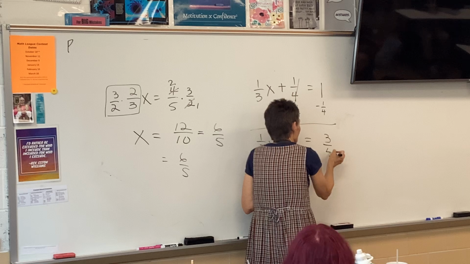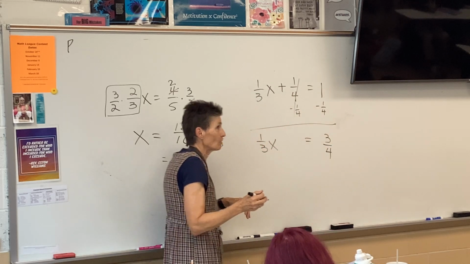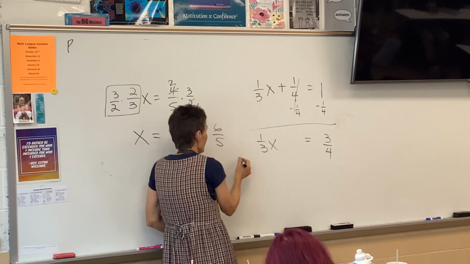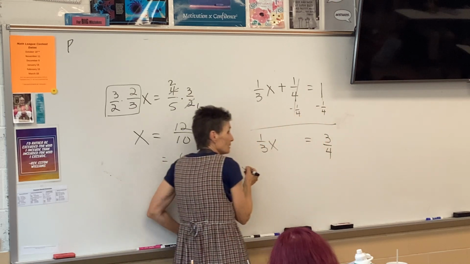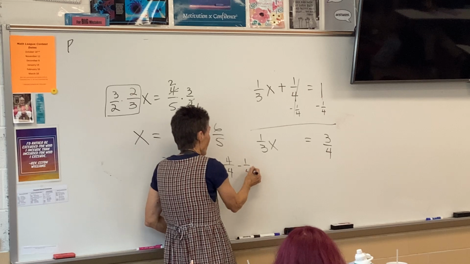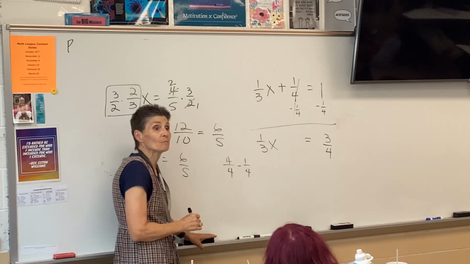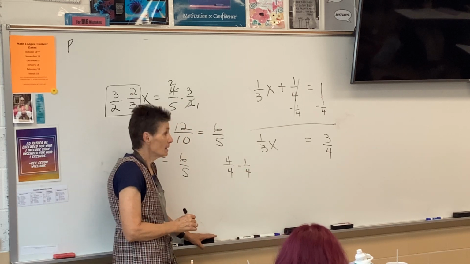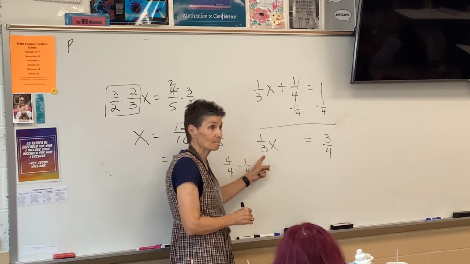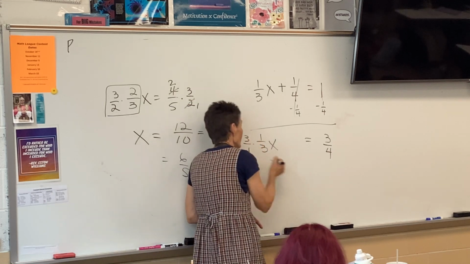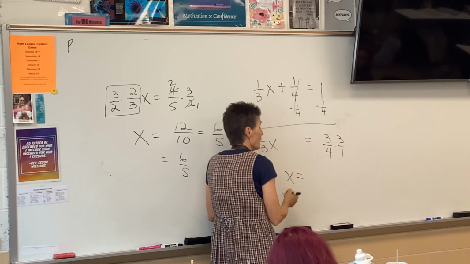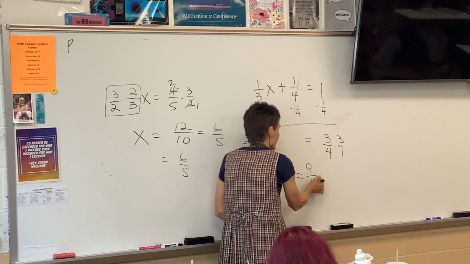For those of you wondering how I'm doing that, remember, I need a common denominator. So 4/4 minus 1/4 would be 3/4. Now, can I multiply by my reciprocal? So times 3/1. And it looks like my answer is going to be 9/4.